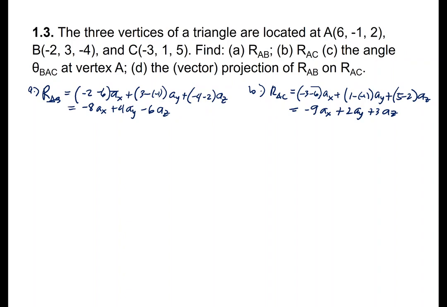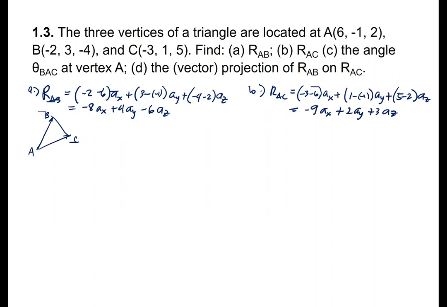Now the angle theta BAC. Assuming this is our triangle, in this case we need the drawing, so with this A, B, and C. We're asking for the angle theta BAC.